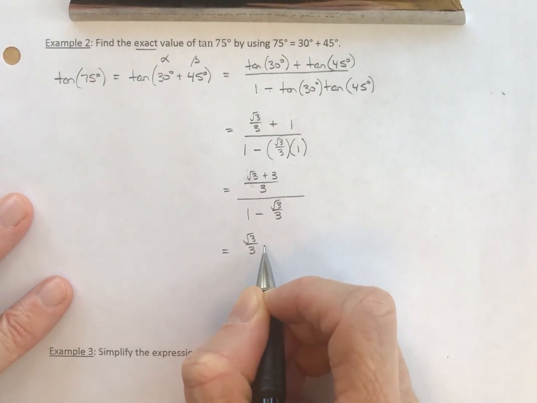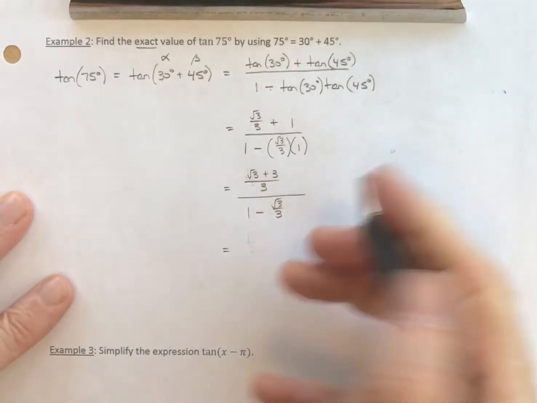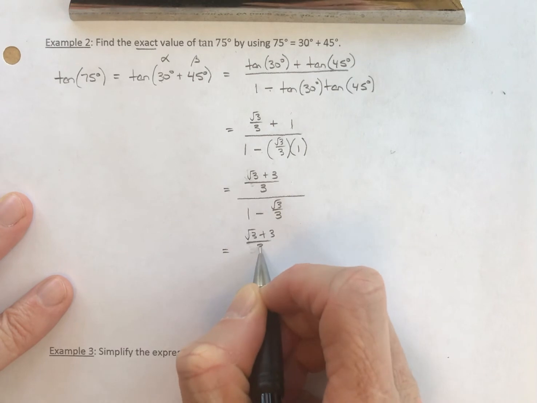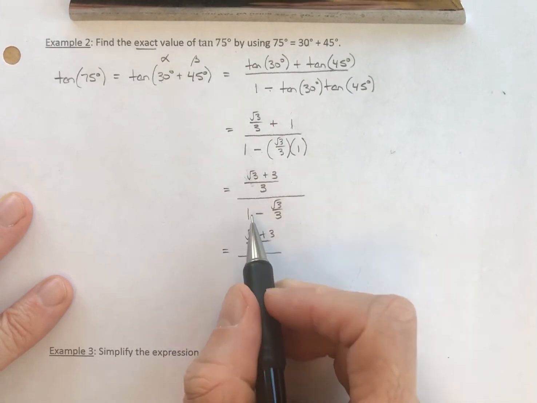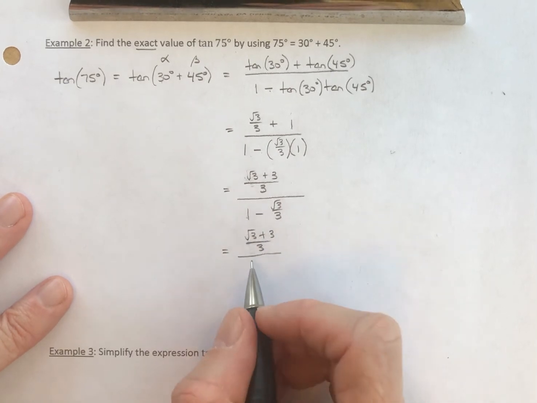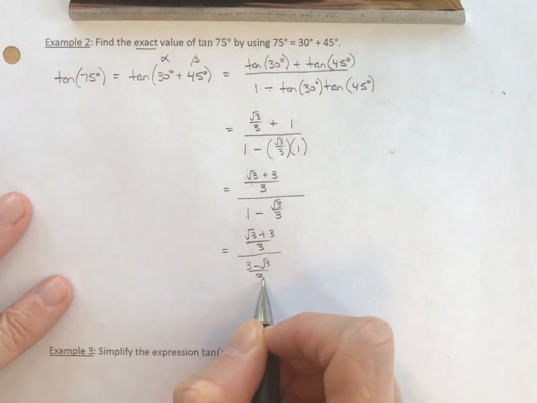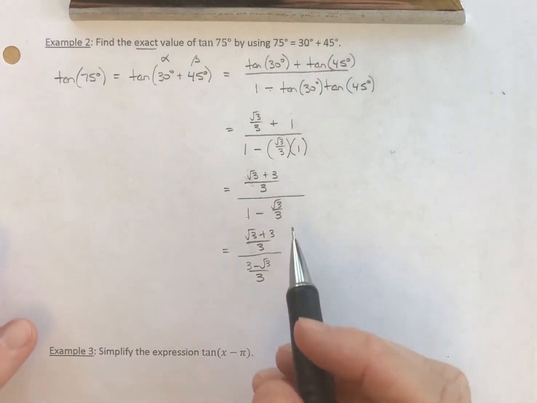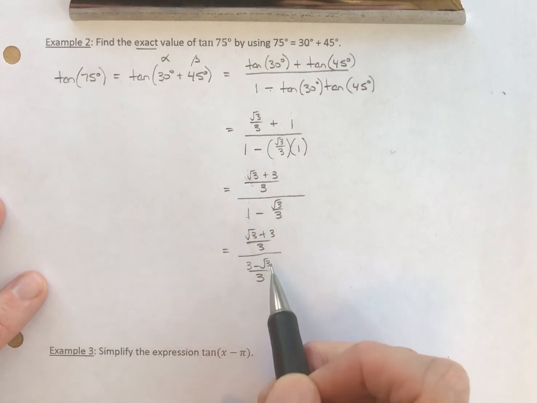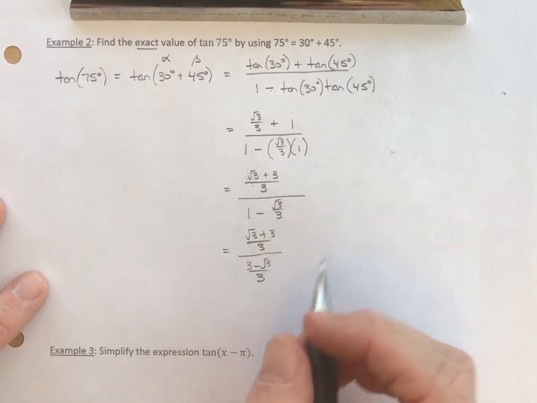Again, I can write 1 as 3 over 3. So this is going to be 3 minus root 3 over 3. Okay? So if I write 1 as 3 over 3, I have a common denominator of 3, and I have 3 minus root 3 in the numerator.